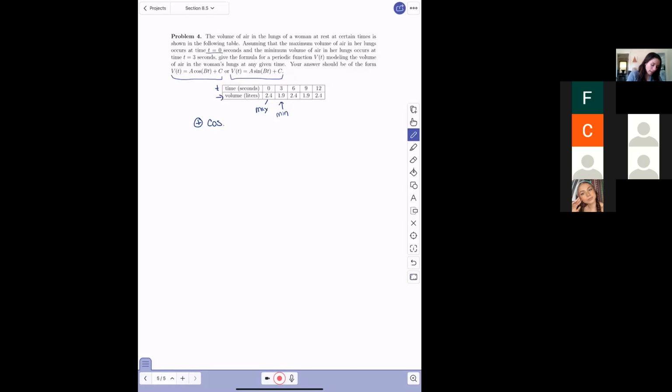So next, let's find the A value, which is, remember, the absolute value of the amplitude, which we can find by max minus min divided by 2, which is 2.4 minus 1.9 divided by 2, which is equal to 1/4.